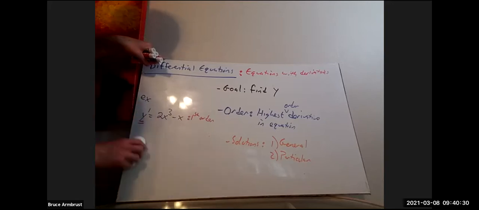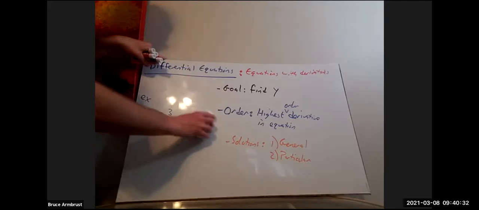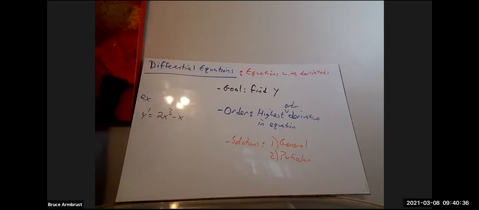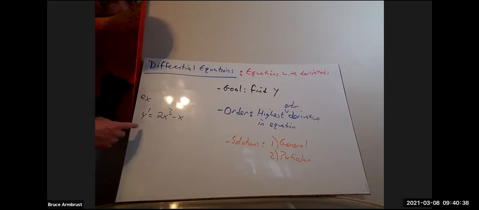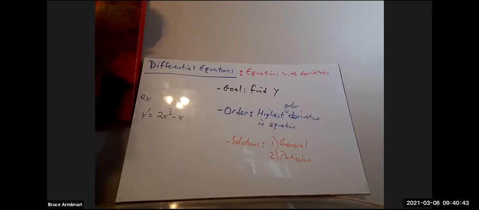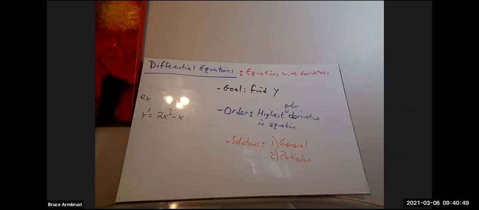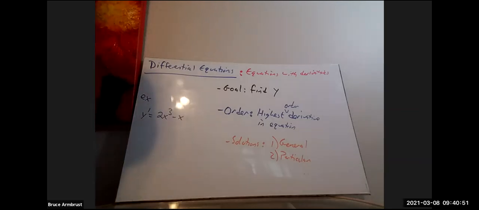You already have the techniques to solve this guy. What are you going to do to get y for this differential equation? You guys see what you can do? Yeah, just integrate. That's exactly right.